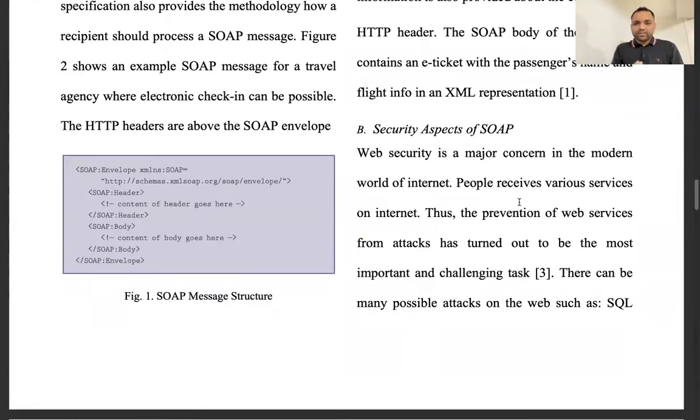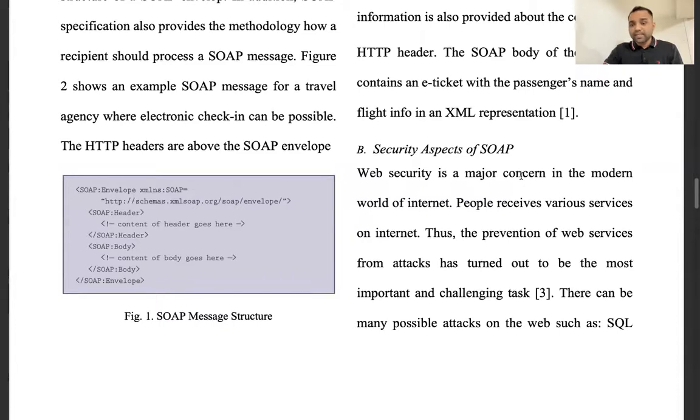But what if someone attacks those SOAP messages to stop them from being transmitted to the actual receiver, or tries to fabricate those messages? What will happen when those messages are falsified, or some SQL injection is put inside those messages? What will happen if the messages don't reach the receiver, or the credentials and important sensitive information are stolen?